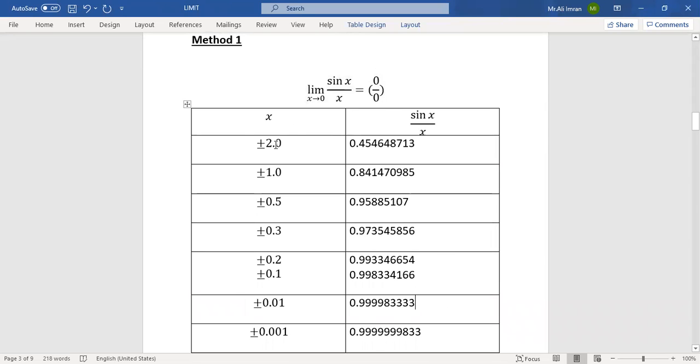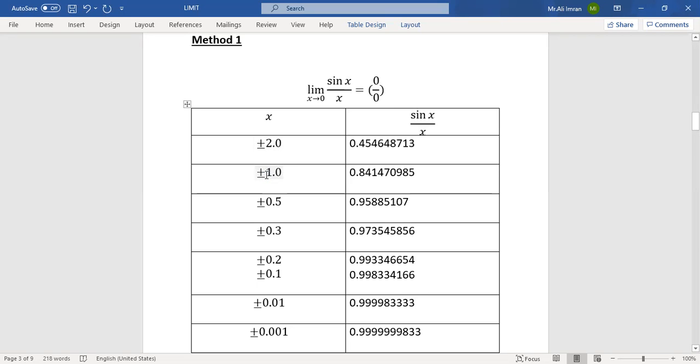First of all, we come close to x is equal to 0. We start by giving the value of x as plus minus 2, and we get the function value 0.454648713. We go closer to x is equal to 0 step by step.